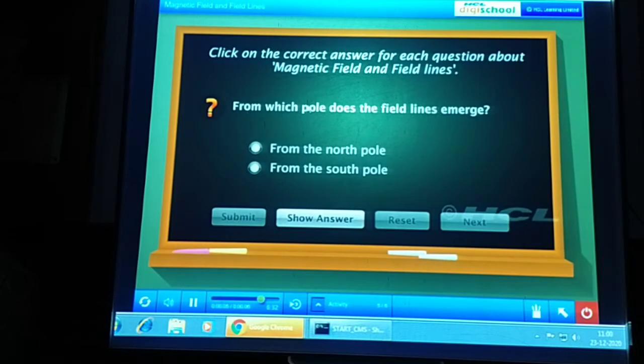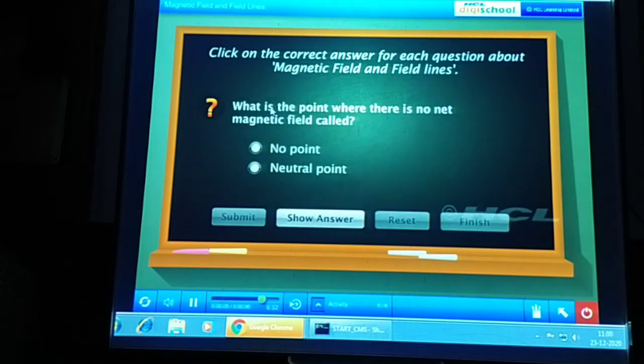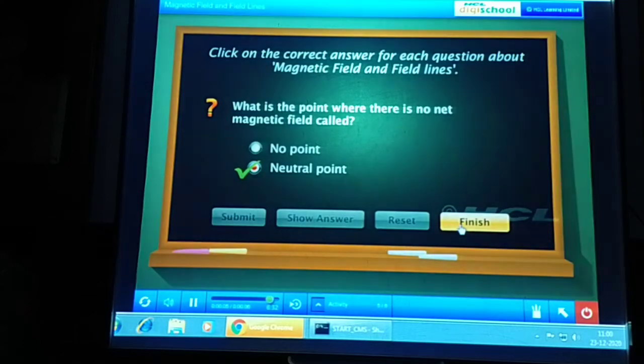From which pole do the field lines emerge? From the north. Okay. What is the point where there is no net magnetic field called? Neutral point. Okay.